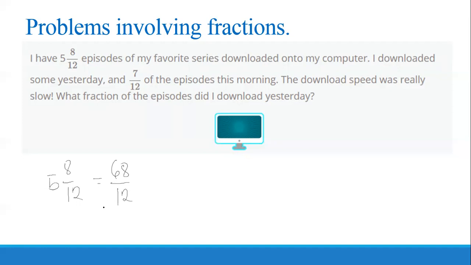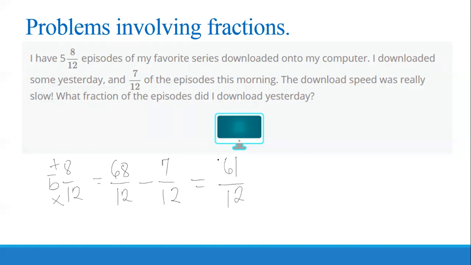So we just convert it to improper fraction. 12 times 5 is 60, plus yung numerator na 8, so 68. Okay, 68/12. And now, we just have to subtract the number of episodes that were downloaded this morning, which is 7/12. Okay?